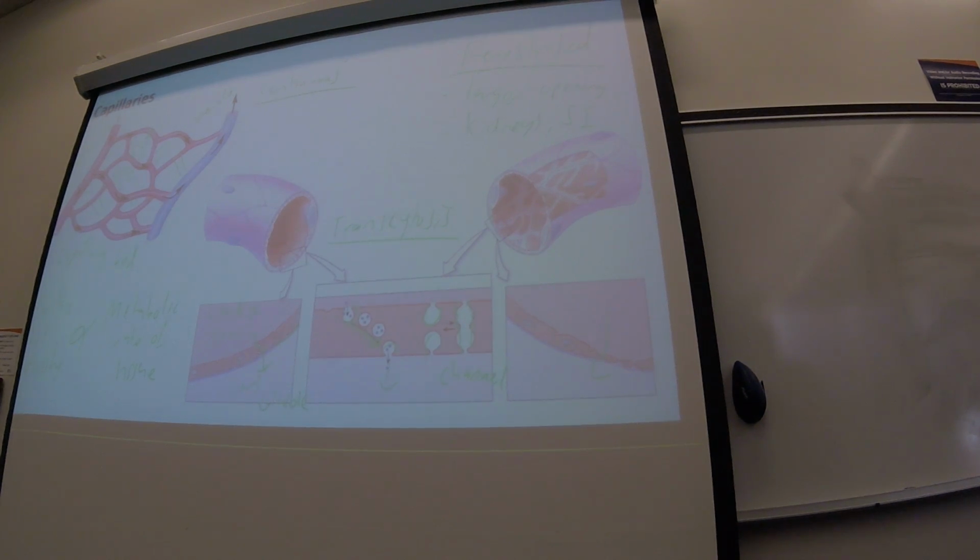Alright, moving on to capillary bulk flow. Now I said molecules diffuse through, but when we're talking about bulk flow, we're talking about the mass movement of water. So water is actually being moved around by non-diffusion forces here.